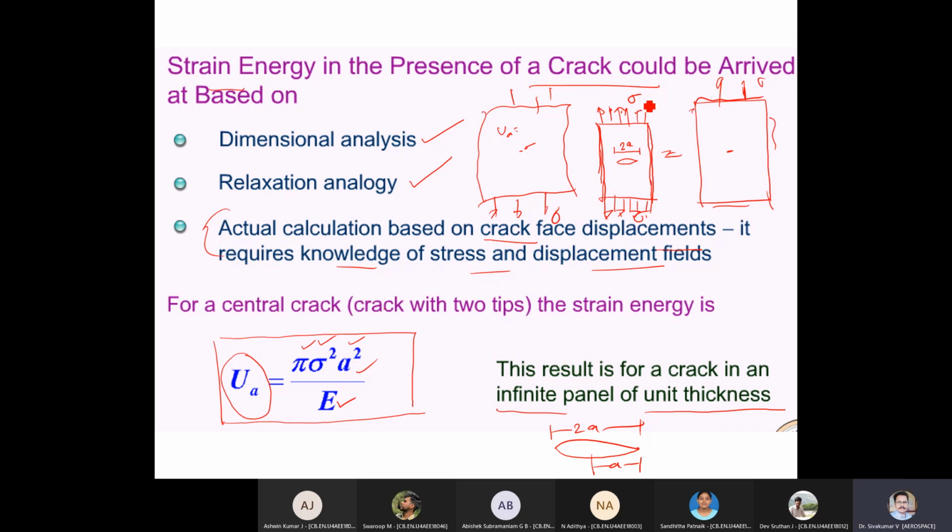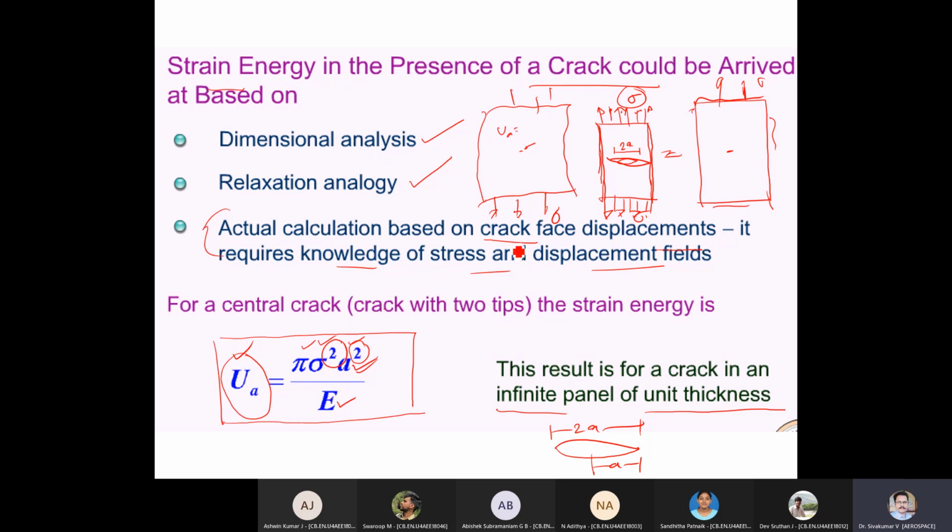The moment you increase the sigma, energy will increase. The moment you increase the crack length, energy will increase, in quadratic order. Once you increase the sigma, you can see this much order, it will increase. Square terms.